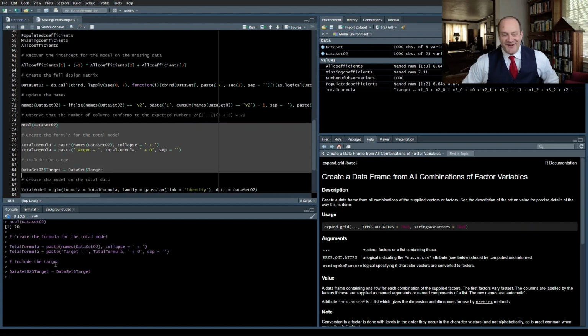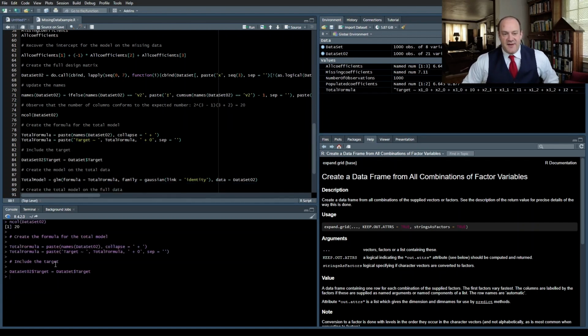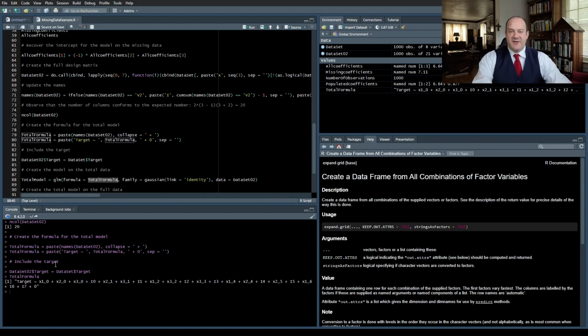Include our target in our data set. And then total model. So just to give you an idea here, let's take a look at the formula here. So I've got the target, and now I've got the variables for the situation where everything is populated, the variables for the situation when x1 is missing, the variables for the situation when x2 is missing, all the way down to just this guy, which is the situation when everybody's missing.